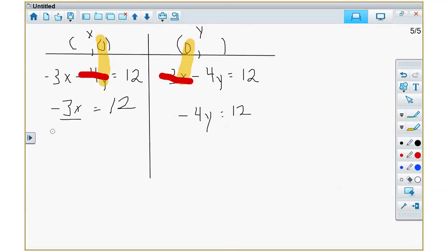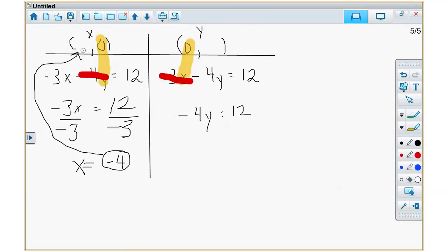Divide by negative 3. And x is equal to what? Negative 4. Good. Negative 4, and that negative 4 goes up here.